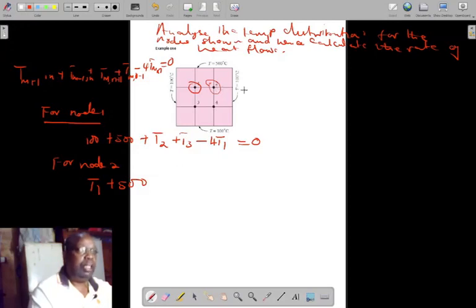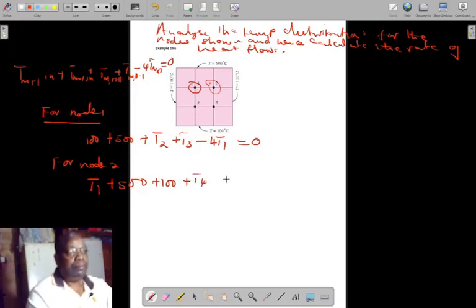If you go to the right you go to the 100 degrees, and if you go down you go to T4, the node that is at T4, and we are subtracting 4T(m,n), and T(m,n) is T2, so 4T2, which is equal to 0.